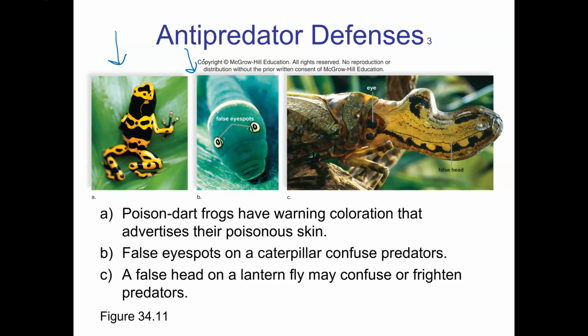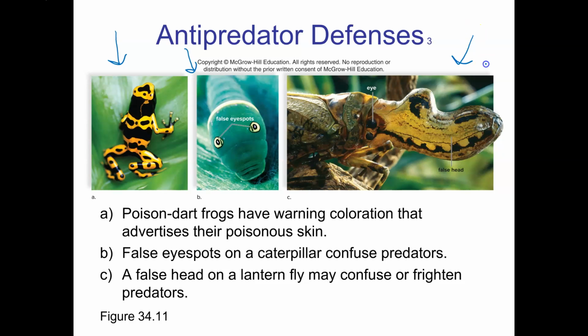Some protective mechanisms within an organism: you have false eye spots on caterpillars. This can confuse predators, makes the predators think that the animal is actually looking at them. Or a false head would be another example.